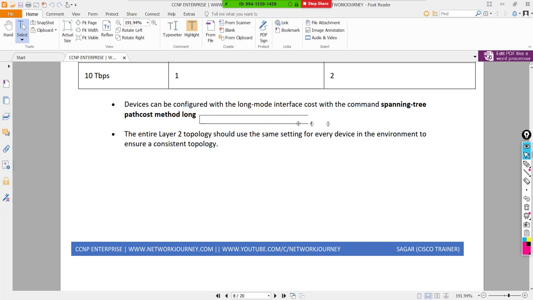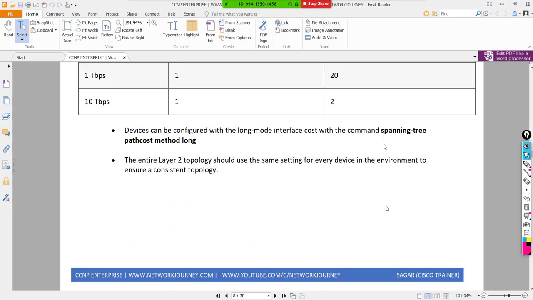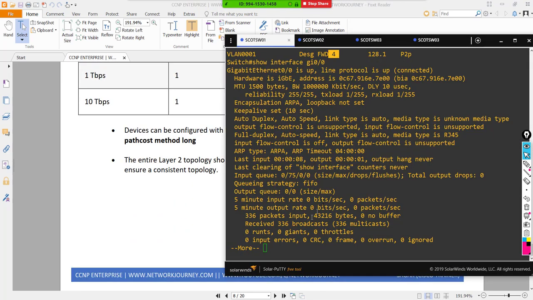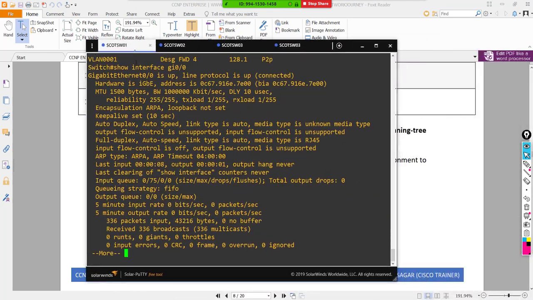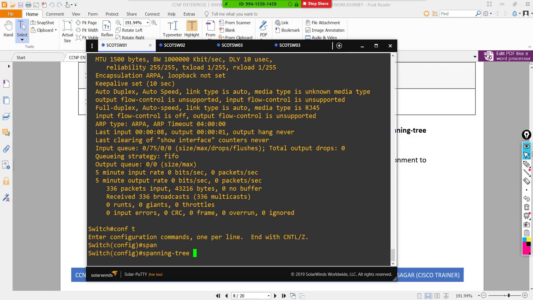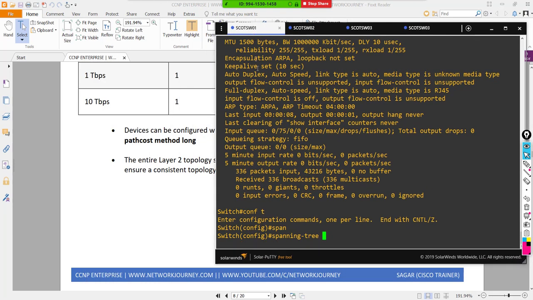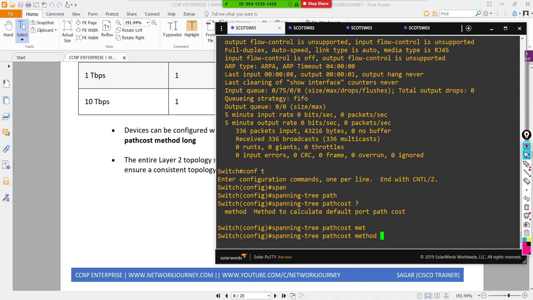Now, by default your switches are in this mode, but how do we change it? Just a single command. If I go to the switch, go to configuration mode, spanning-tree path cost method.